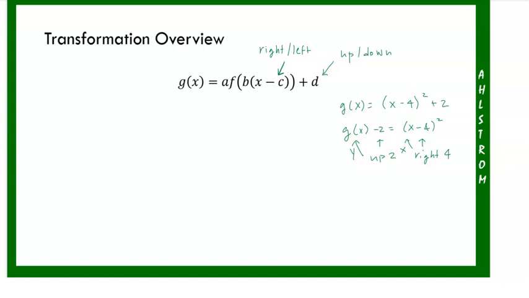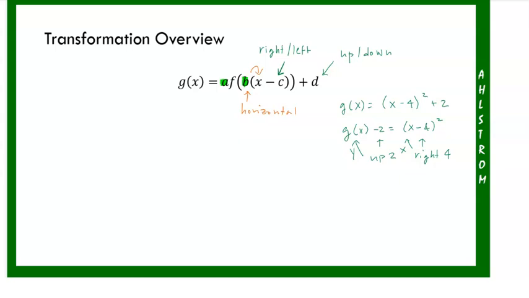Okay, and then we come to this a and b. Inside of the function, that is going to be a horizontal dilation, because literally it is multiplying the x value.